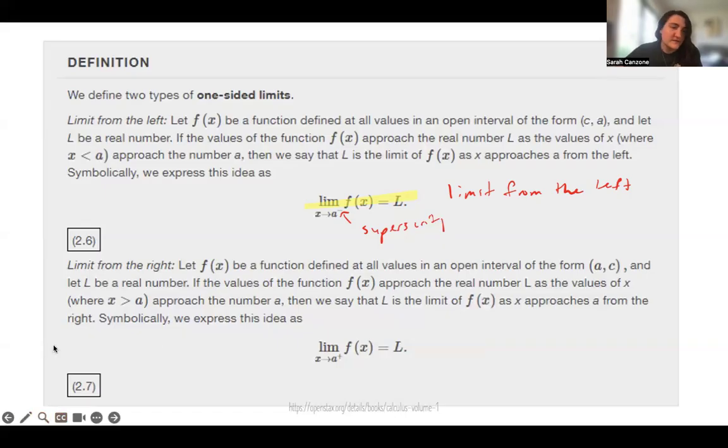Some people will accidentally confuse this with a minus sign. This isn't a minus, this is just a superscript denoting that we're coming from the left. Sometimes you can have a minus. You could have like -3 with a superscript of minus, saying that we're coming from the left, looking at -3. So just be mindful of that.